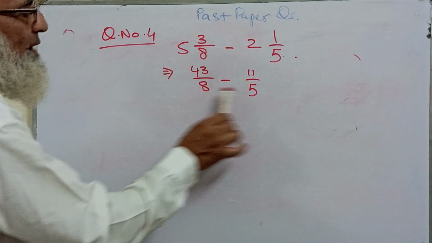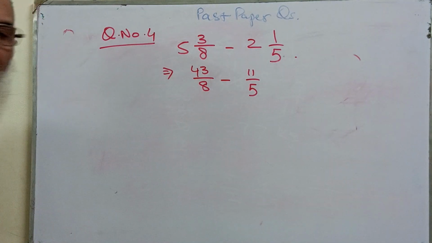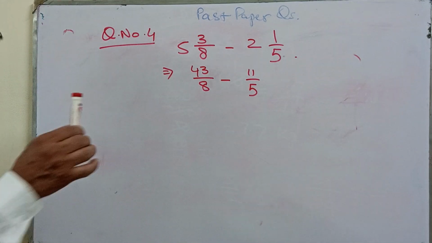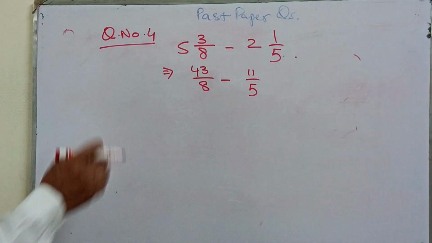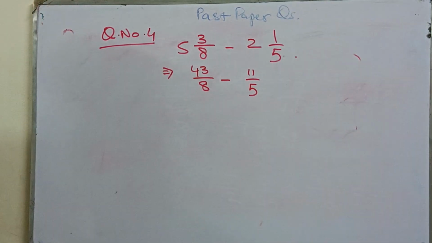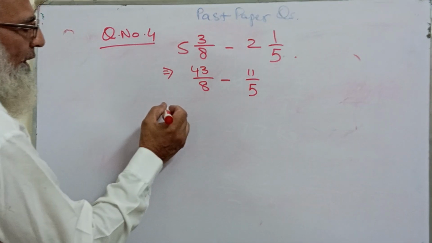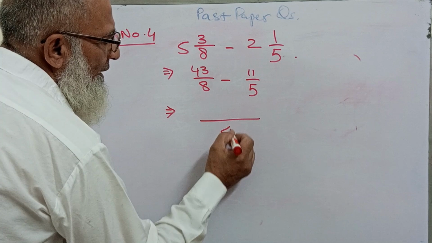Now you see that these are not in the same table. 5 is not a factor of 8, and 8 is divisible by 2, 4, 8, but these numbers are not divisible by 5. So we just multiply them straight, and we will find the LCM, that is 40.